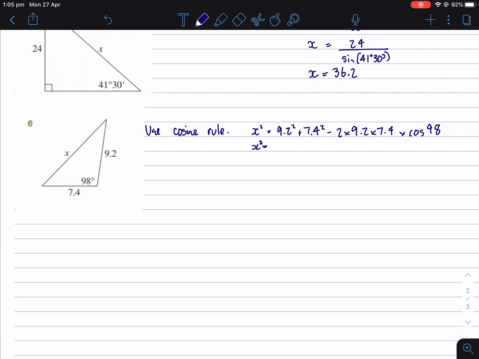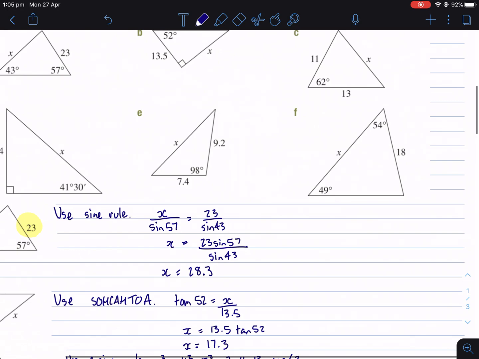So we've got x squared comes out as 170.99. So x is the square root of that. 13.1.